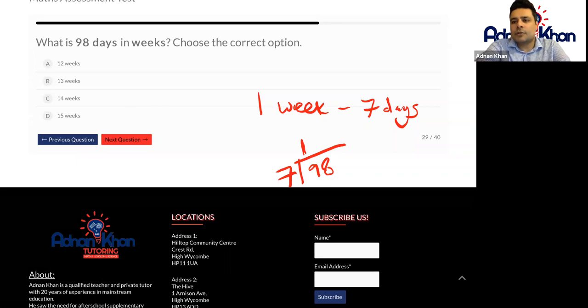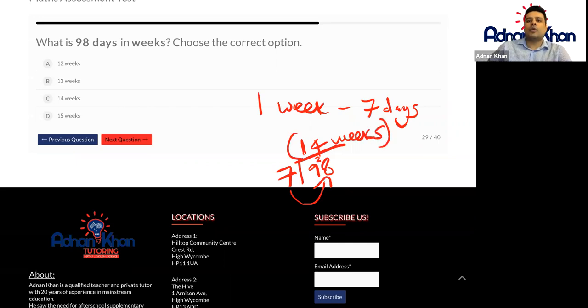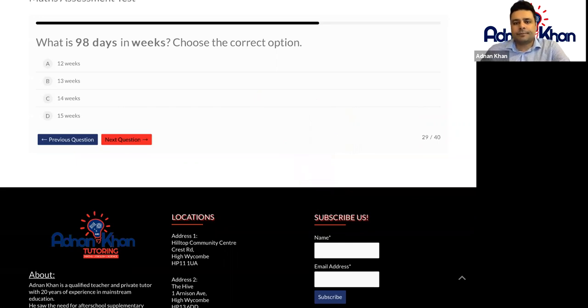The remainder is 2. So let's put the 2 next to the 8 to make 28. How many times can 7 divide into 28? So 7 can divide into 28 4 times. So that means our answer will be 14 weeks altogether. Okay, 14 weeks.